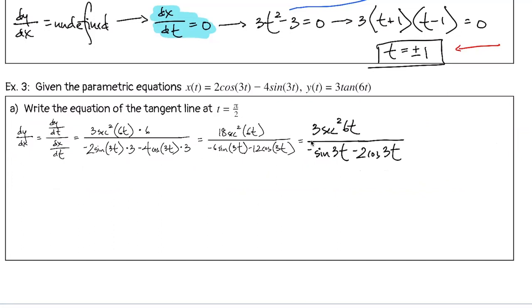Okay. Now this step is optional. You don't have to do that. If you have a calculator, it probably doesn't matter. But sometimes it just is nice to get in that habit of looking to reduce things.